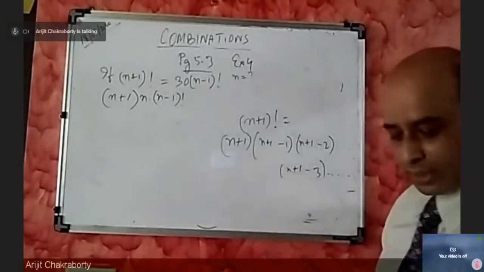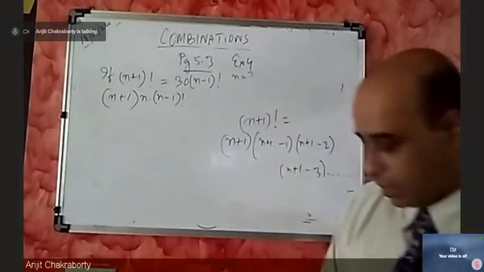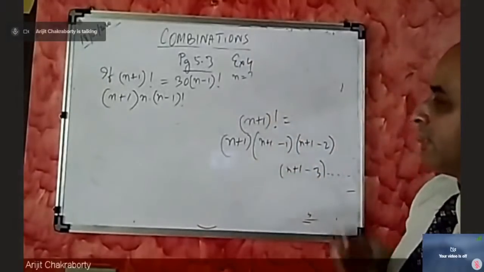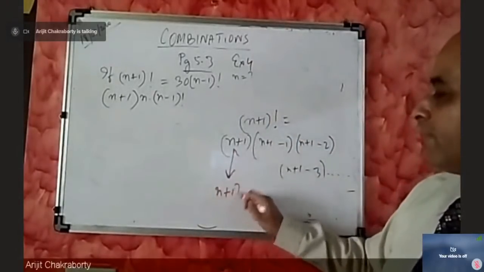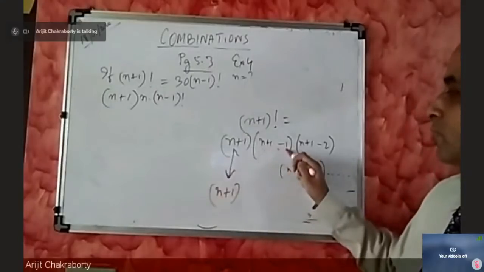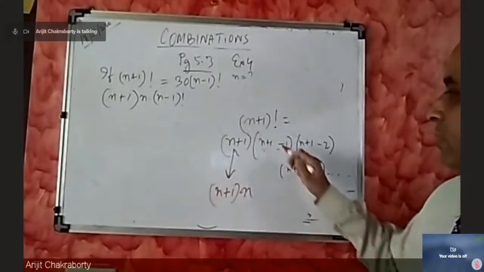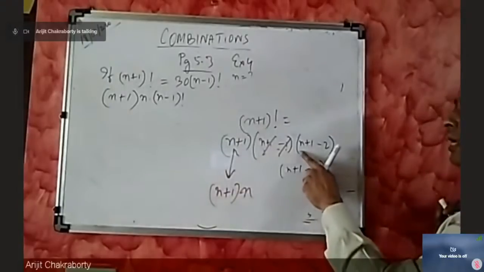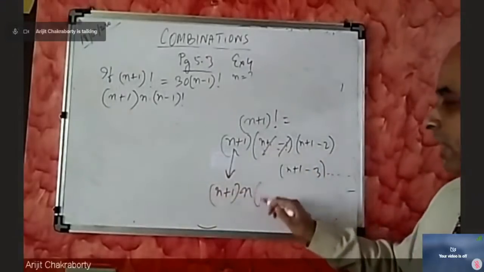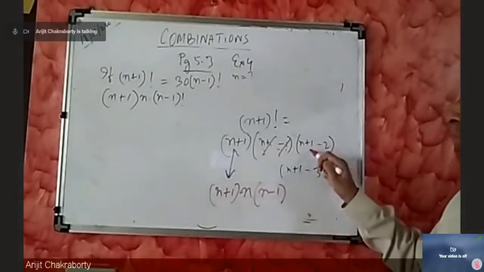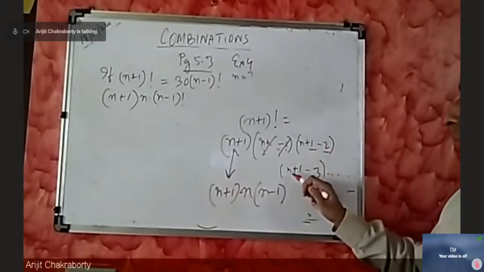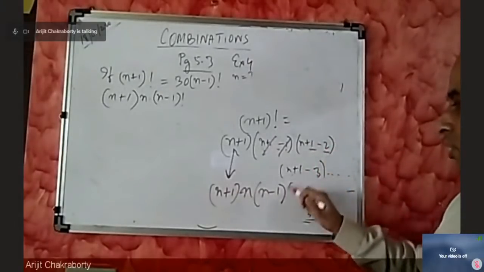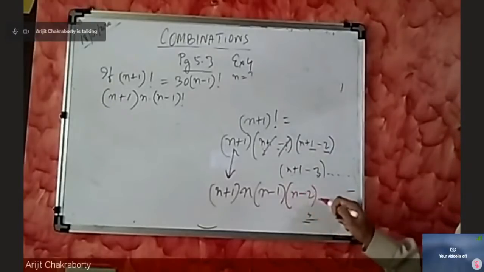Please see here. But what is this part? This is n plus 1, fine. This is what? N plus 1 minus 1 means n, as plus 1 minus 1 is cancelled. N plus 1 minus 2 is what? It is n minus 1. N plus 1 minus 3 is what? It is n minus 2.